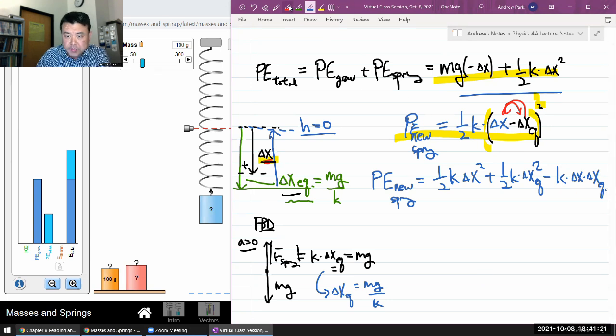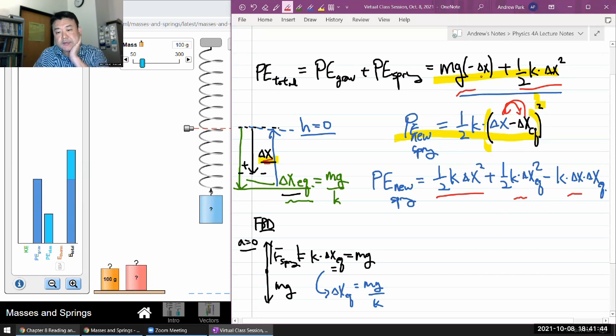I do see some matching terms, and that's encouraging. This 1/2 k delta x squared matches with that. Great. So far, so good. And I think none of these look like those. Well, I have one term.